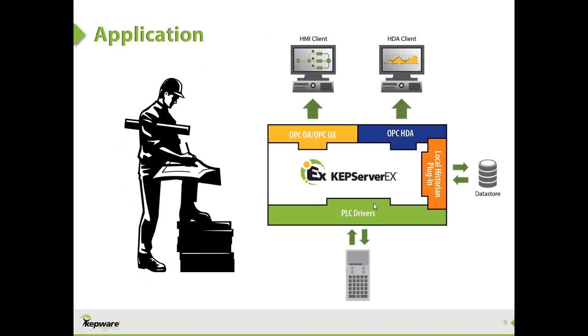So some application notes here. The local historian is designed to provide operations engineers a flexible, easy to set up, and high-speed solution to historize information within the same local area network. Perhaps you have an engineer on a plant floor who wants to analyze a process in maybe one manufacturing cell. He doesn't need it for the entire plant, he doesn't need it for the corporate historian, but just one cell he wants to run some analytics or some tests.